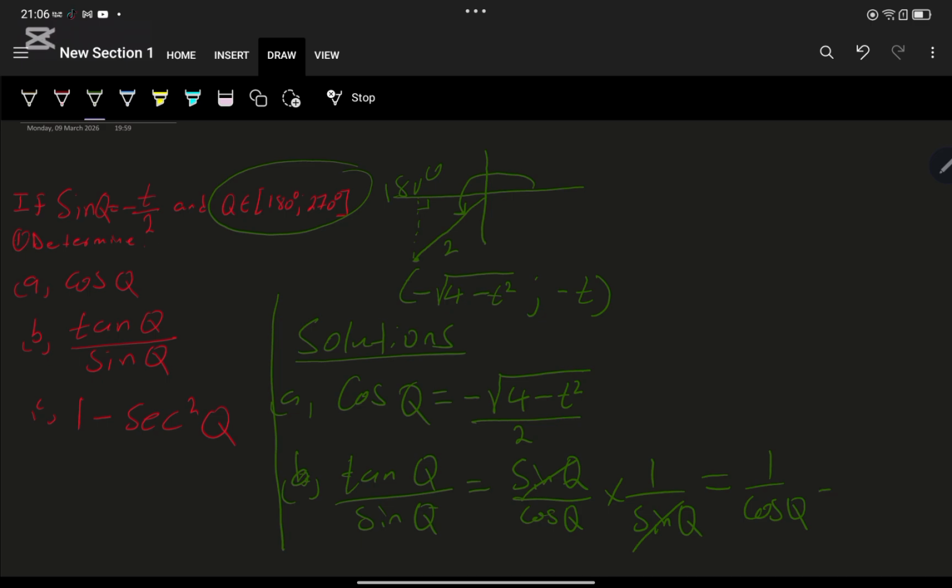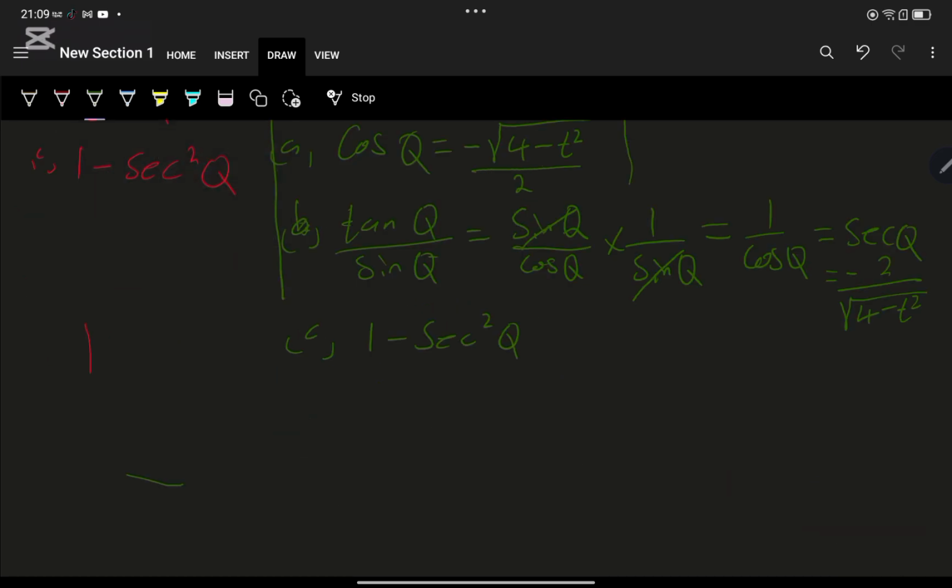Now 1 over cos q is the reciprocal of cos, which is sec of angle q. Now we simply go and find the answer. What is cos q? Cos of angle q will be negative square root of 4 minus t squared over 2. Then its reciprocal will be negative 2 over the square root of 4 minus t squared. So that will be the final answer.